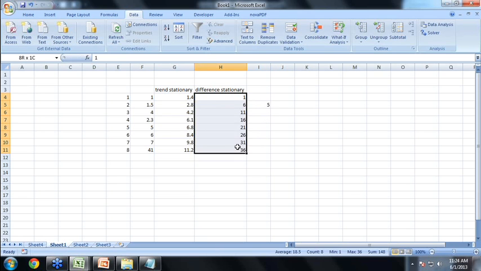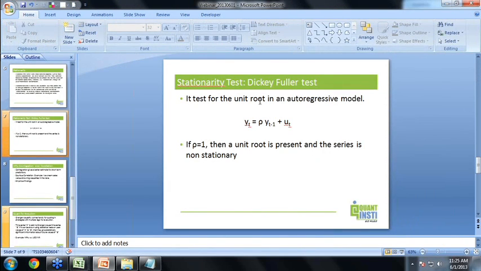So this series again is not stationary in itself, but if we take the difference, then it comes out to be quite stationary, right? Again, you can have not exactly the same numbers, but more or less a similar kind. So that is what we mean by stationarity, trend stationary and difference stationary.